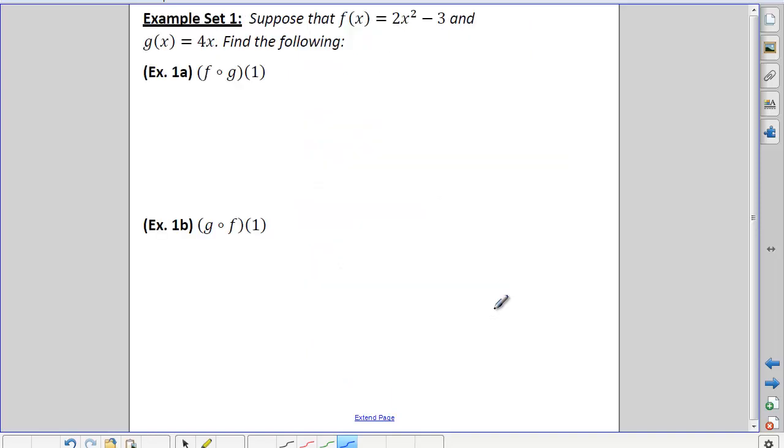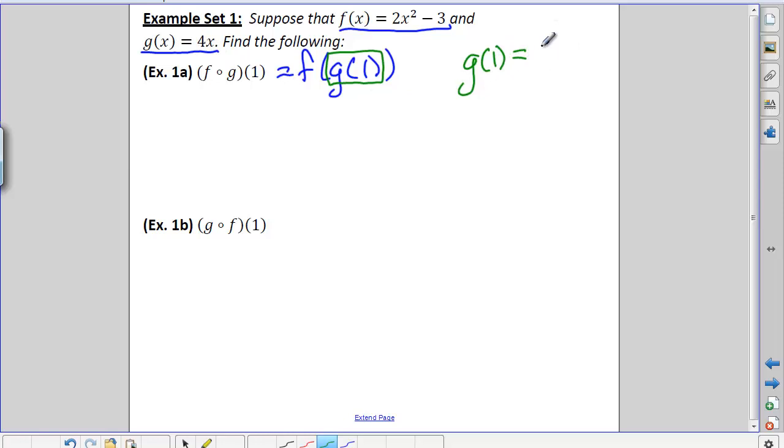Okay, so let's get used to this notation and figure out what's going on here. F of g of 1, it says, suppose that we have this for f of x and g of x. It's right here, so two functions, f and g. F of g of 1, just using our definition of the composite function, looks like this. The first thing we need to do is ask ourselves, okay, what is g of 1?